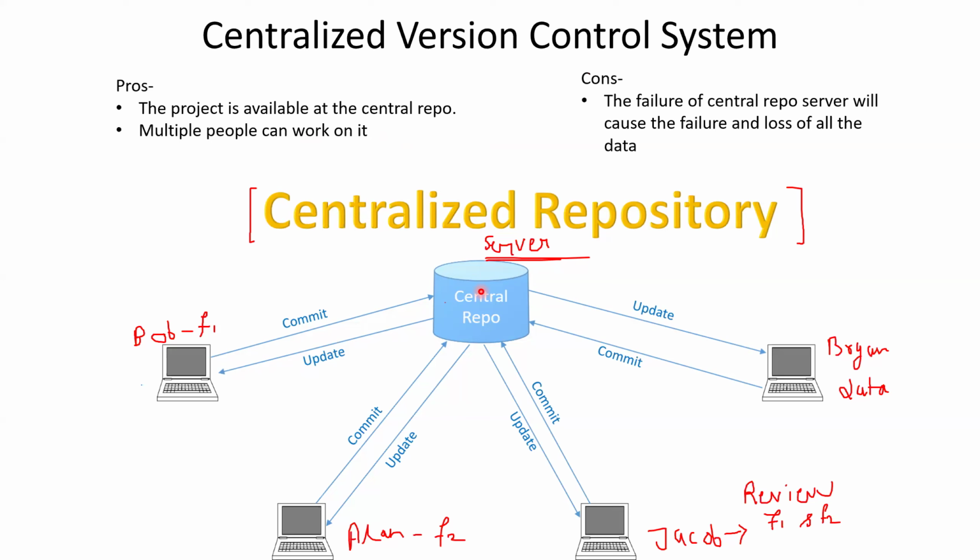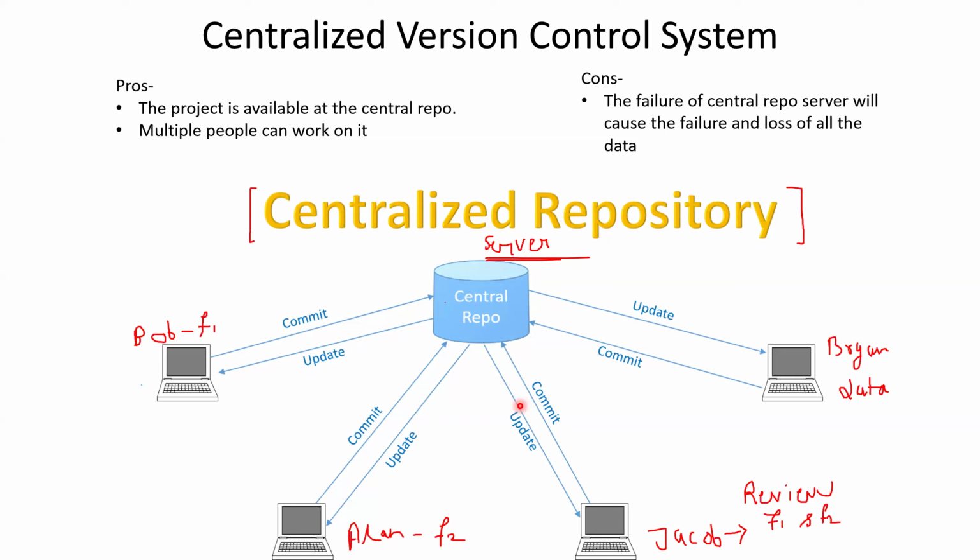But what is the con? The con is that if the central repo, the server where we have uploaded our files, fails, it will cause the loss of all the data we have. A server is also just some place, some hard disk, where you store the data, and there is a possibility that it might fail.